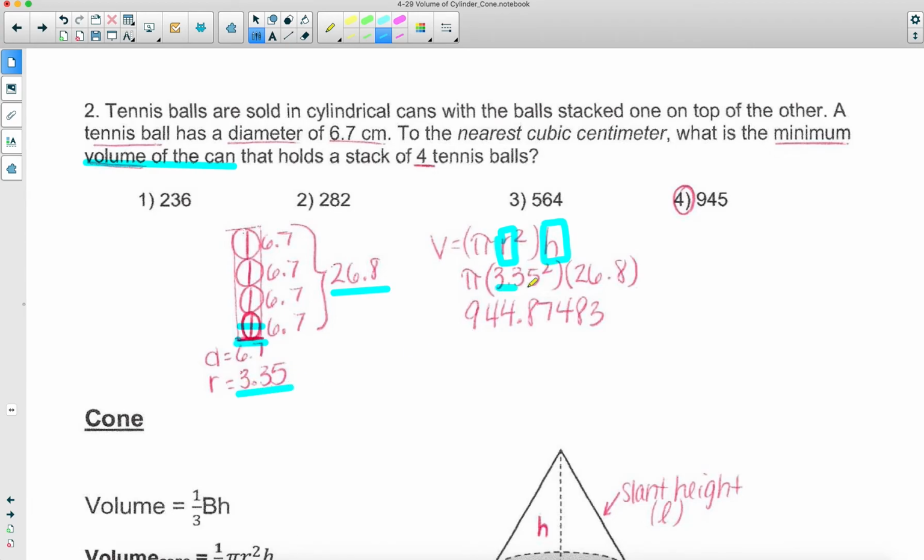So I substitute in 3.35 and 26.8. I look to see all of my answers don't have pi in it, so that means I'm evaluating this entire expression up here, and I want to round to the nearest whole number because all of these are rounded to the nearest whole number, and I get 945 cubic centimeters.